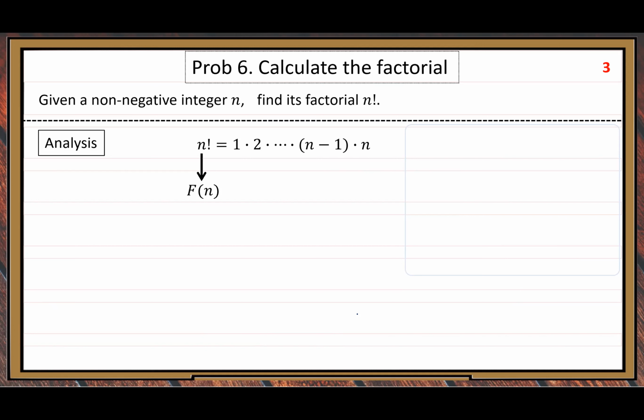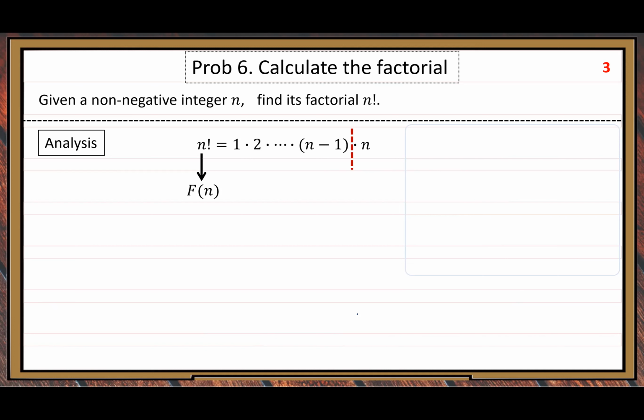With this representation, now we look at the right-hand side expression, the product of n consecutive positive integers. There is no zero value involved, so we can call them n positive integers.